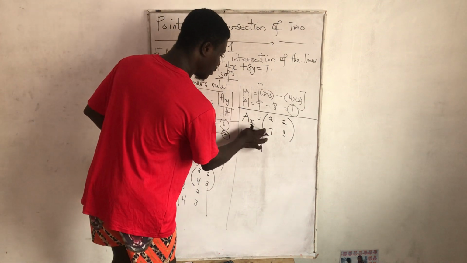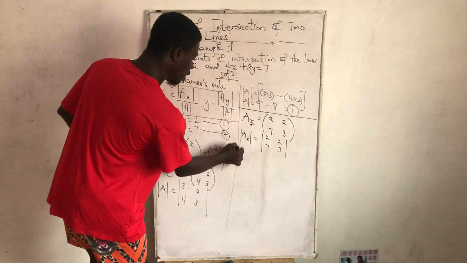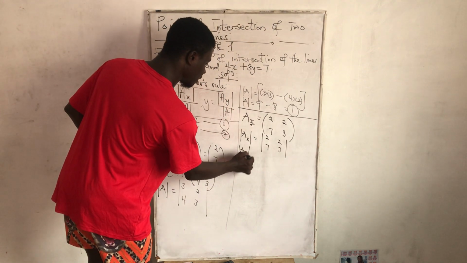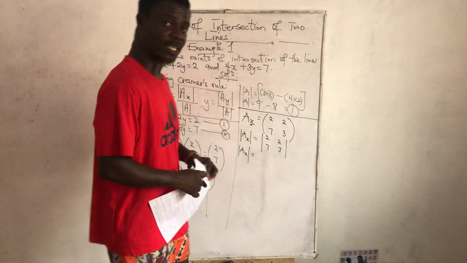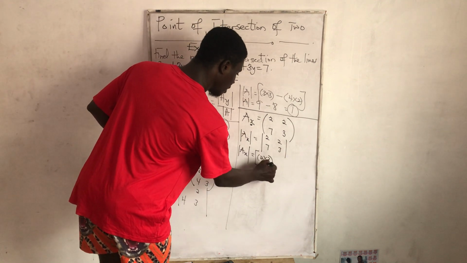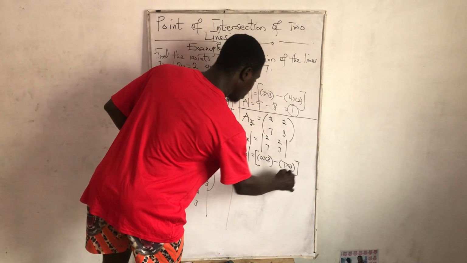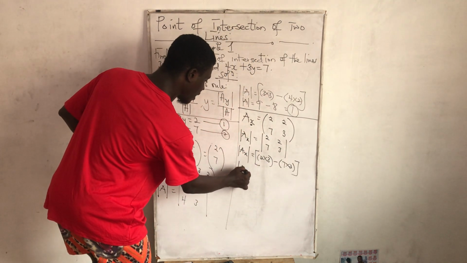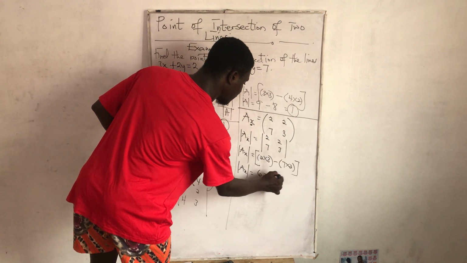Now, the determinant of AX, which is 2, 7, then 2, 3. How do we find the determinant of AX? I told you to multiply the first diagonal, then minus the multiplication of the second diagonal. So the determinant of AX must be equal to 2 times 3, 6, minus 7 times 2, 14.